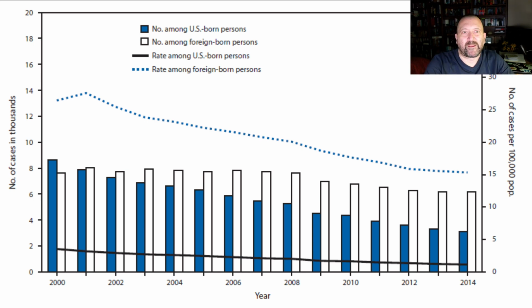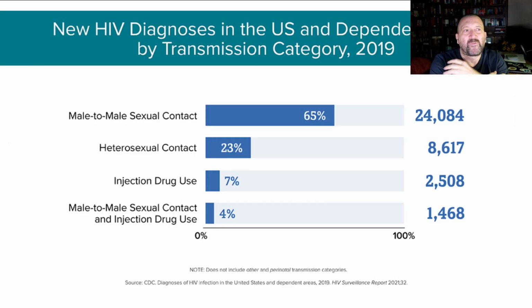Another type of social structure that we can see, these are the new HIV diagnoses in the US by type of transmission category. And you can see that here, male-to-male sexual contact, men having sex with men, as the epidemiological term is, by far is where most of the new diagnoses of HIV were carried out in 2019.